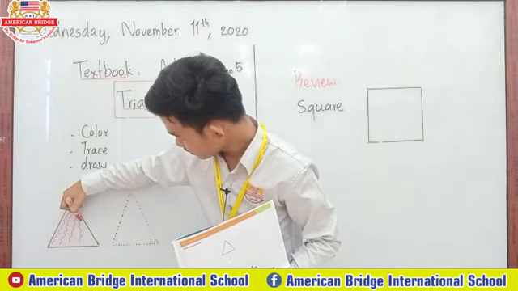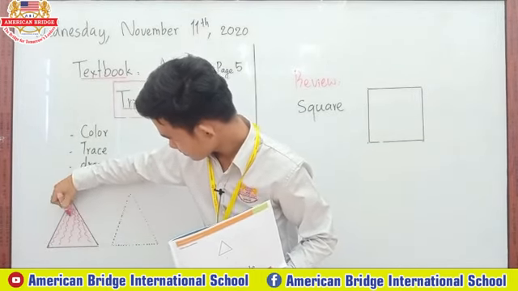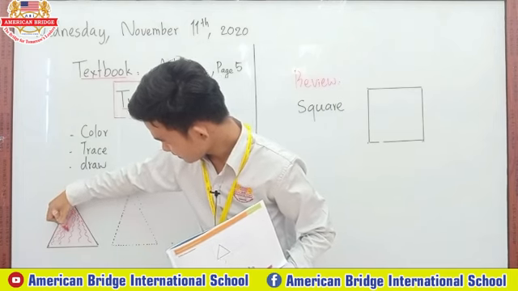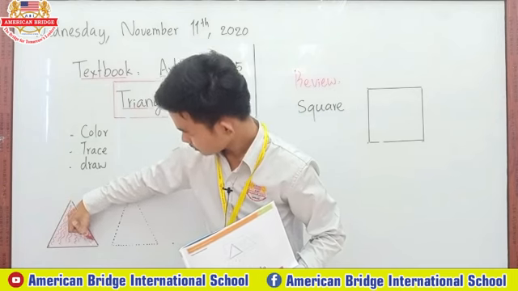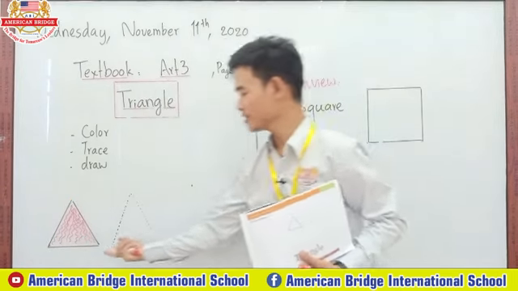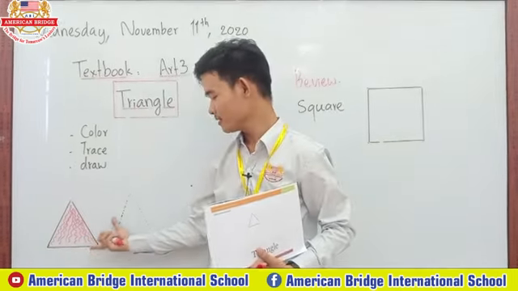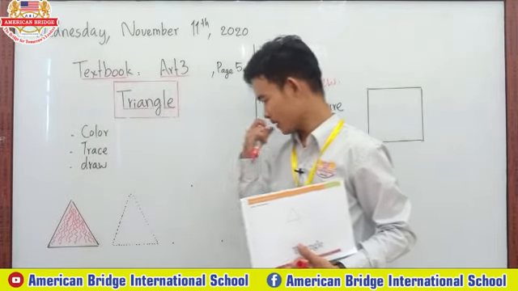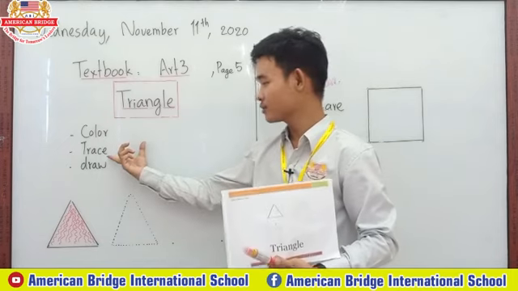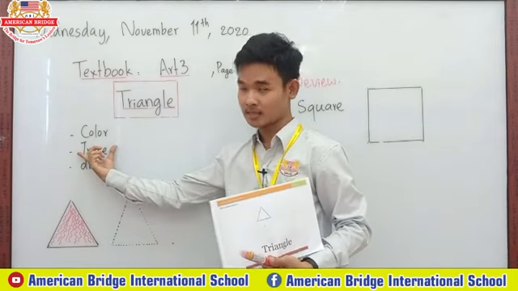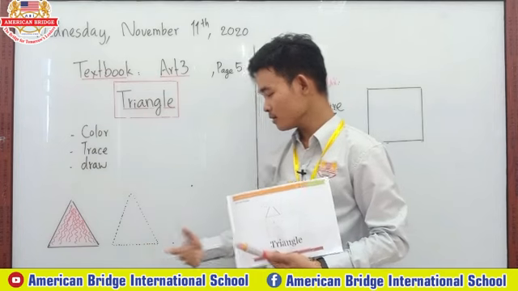Make sure that you color it nicely. Alright, something like this. So how was it, everyone? Does it look good? I think it's nice. So the next activity that I have to do is to trace. Trace the triangle, this one.